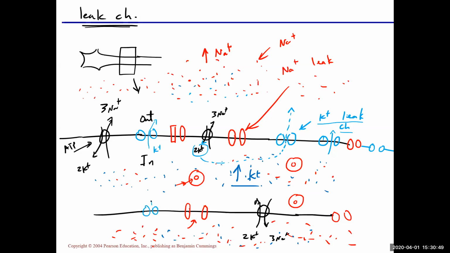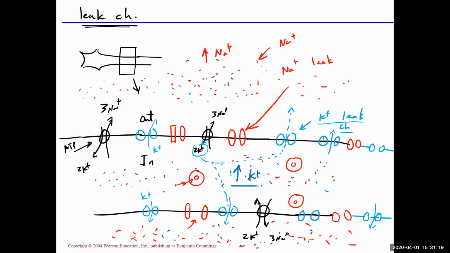Compared to the number of sodium channels, you actually have more potassium channels open, and so more potassium can leave through this non-voltage gated, always open leak channel. Facilitative diffusion was the process that we discussed. So potassium keeps leaking out.